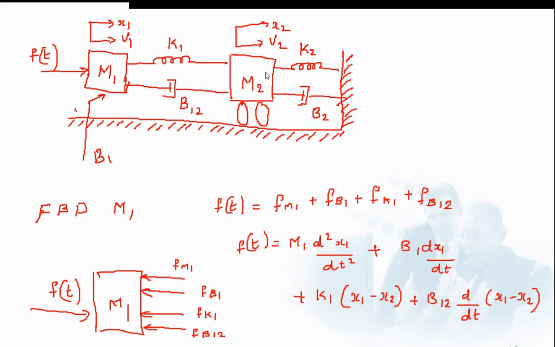And here you can also see M2 is one element, K2 and B2 are only connected to M2. So the analogous elements corresponding to K2 and B2 can be drawn individually. So first we will try to draw the force voltage analogous circuit corresponding to this figure.